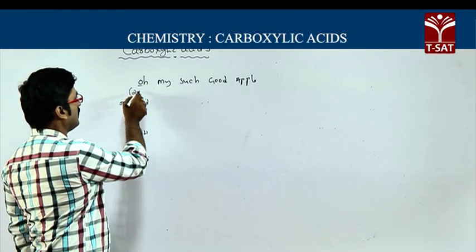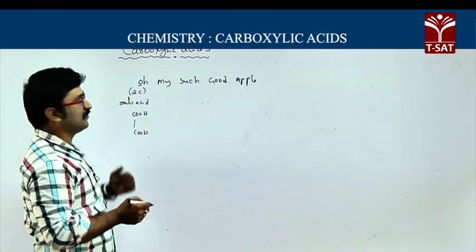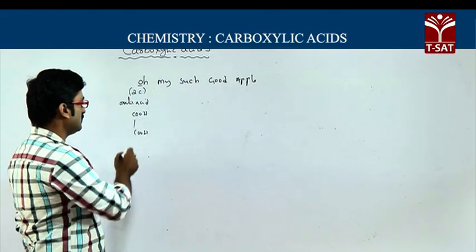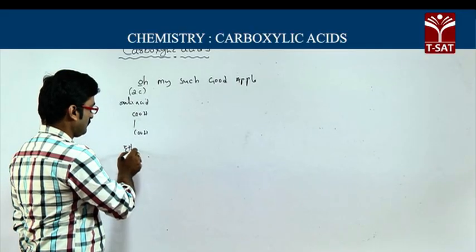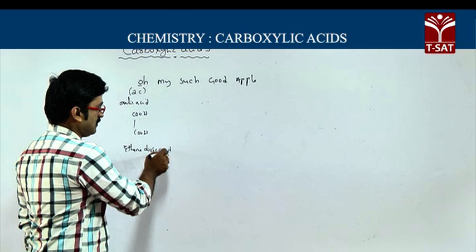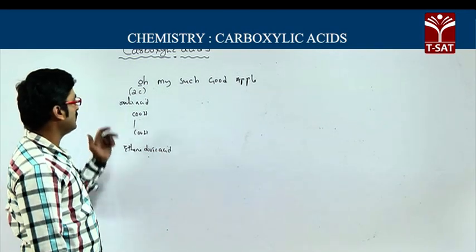It contains 2 carbon atoms and 2 COOH groups. Its common name is oxalic acid, and its IUPAC name is ethane dioic acid. Ethane dioic acid is the IUPAC name of oxalic acid.